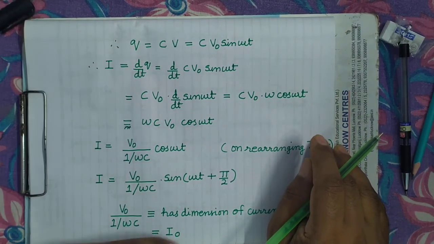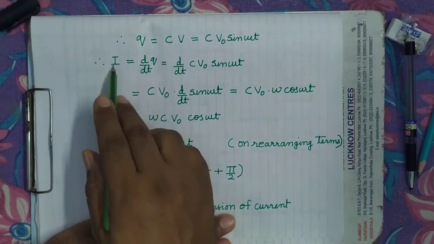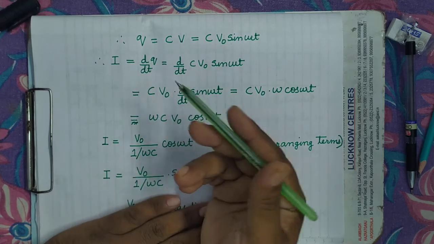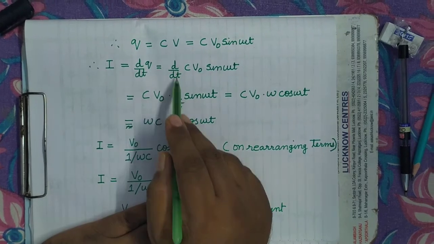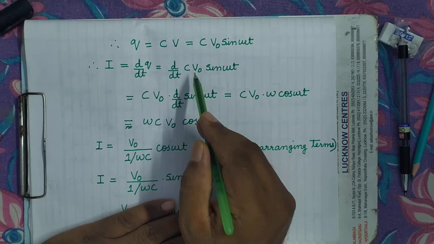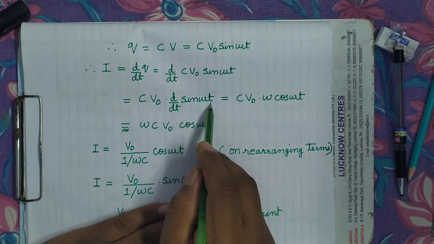Now, how will you find I from here? So, we will differentiate this. I equals dq upon dt. dq upon dt means I. So it is d by dt of C V0 sin omega t. C V0 you can take out common. This is d by dt of sin omega t.